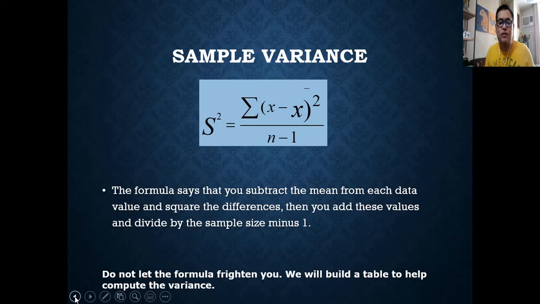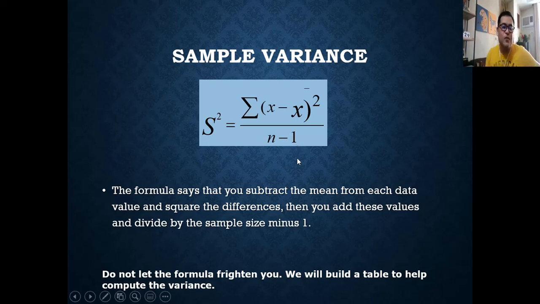Okay, so how do we find the sample variance? The sample variance, s squared, is equal to the summation of the quantity of x minus x bar, squared, over n minus 1. X represents the score, x bar represents the mean, and of course, n minus 1 is the total number of observations minus 1.